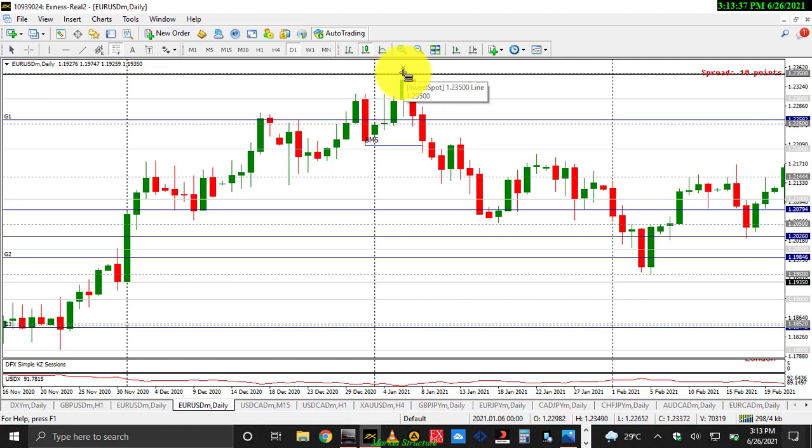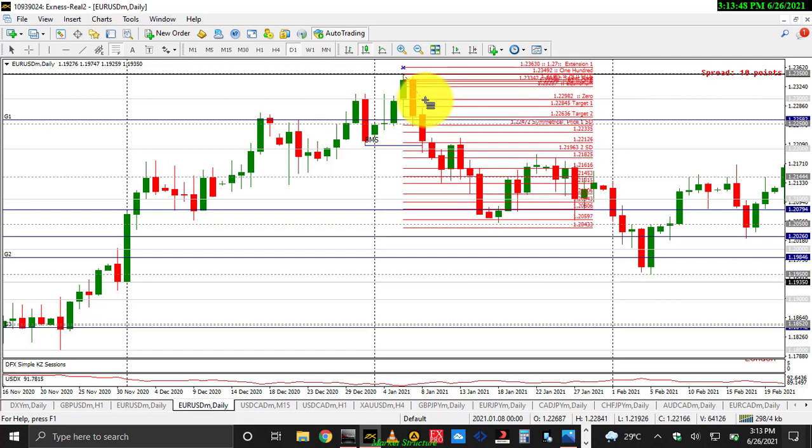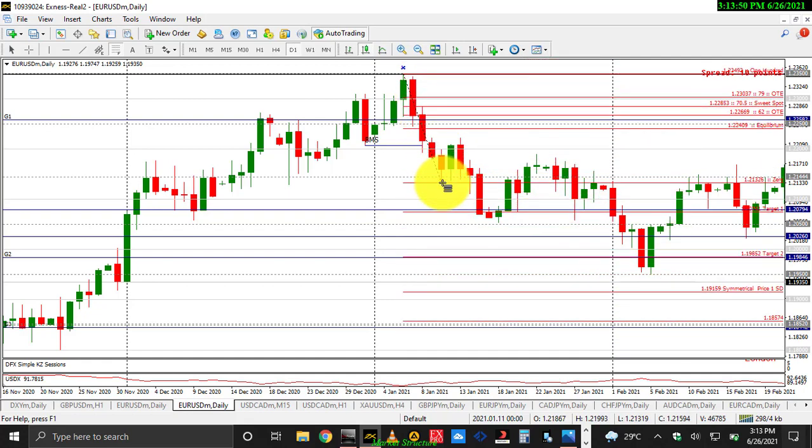But mostly you have that pullback, and that is a confirmation of your market structure break.